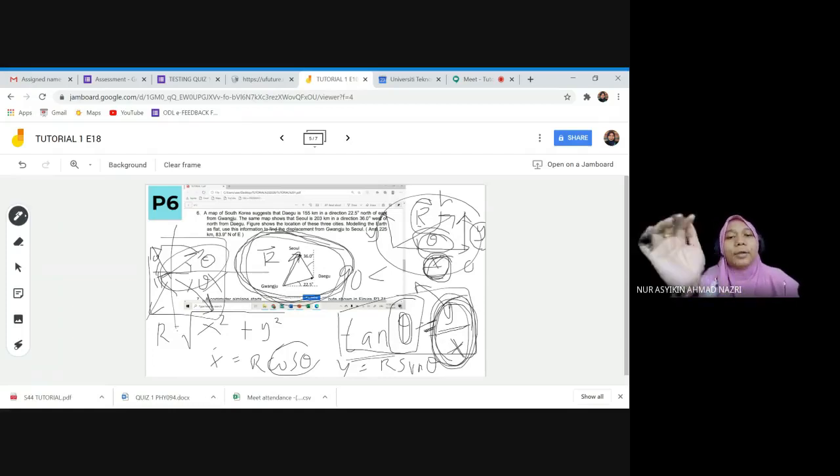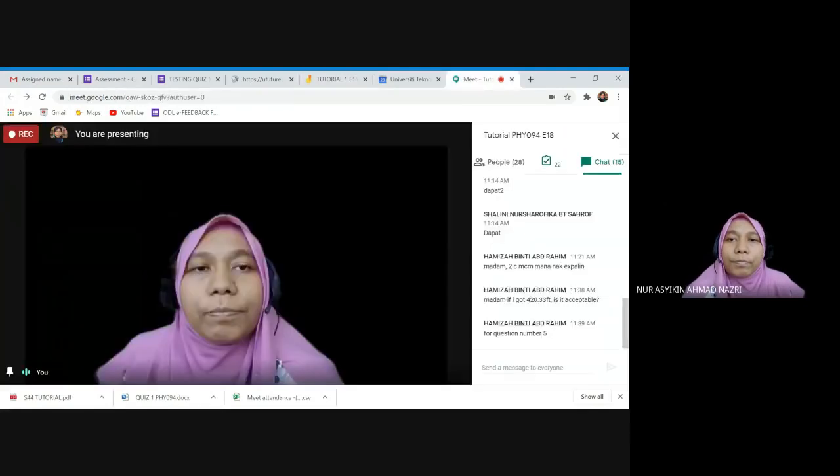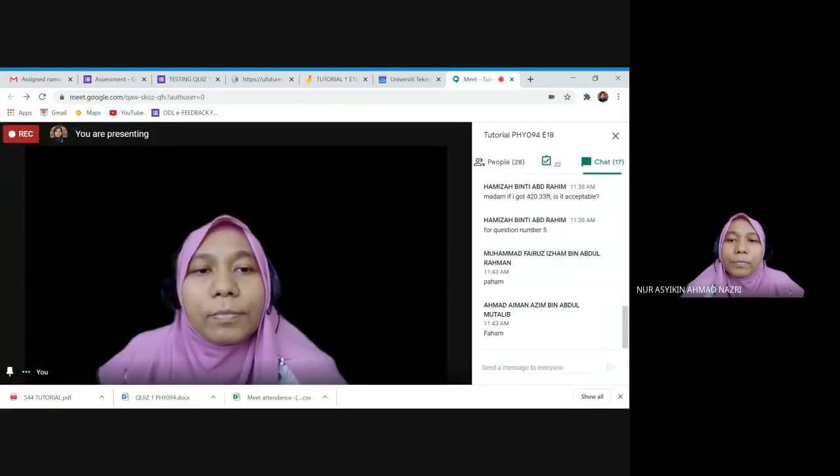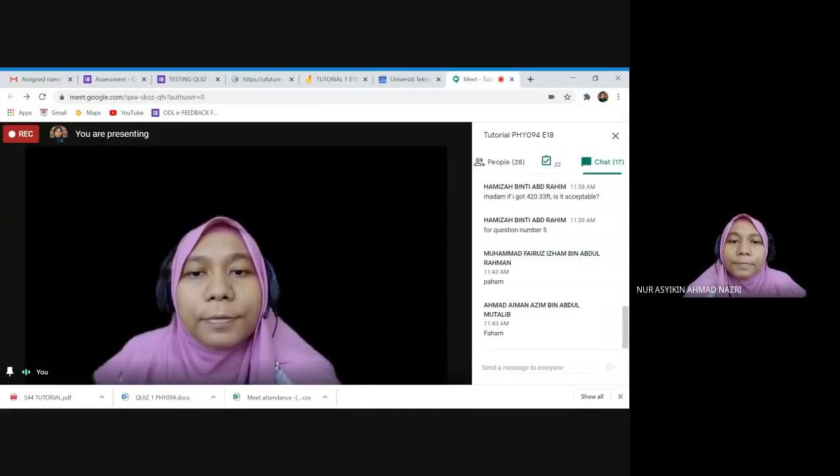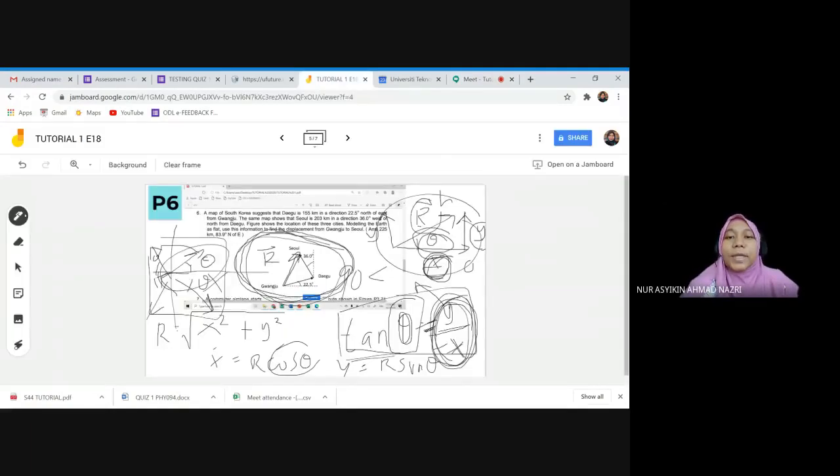When you get x negative, y positive, so which quadrant is the possible quadrant yang vektor tu akan keluar, direction tu? Mana? Second quadrant. Okay, so dia akan keluar pada second quadrant.